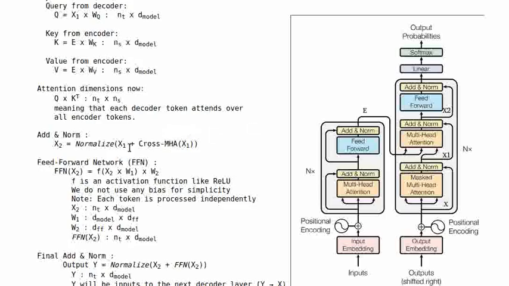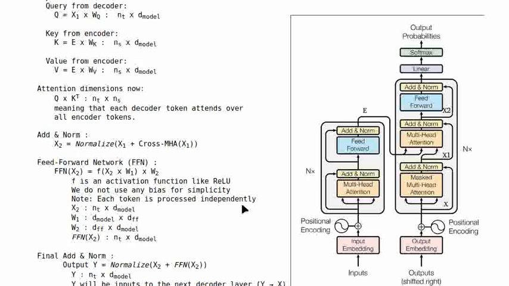X2 is then passed to the feed-forward network, FFN, where the computation is FFN(x2) equals f(x2 times W1) times W2, where f is an activation function such as ReLU. For simplicity, no bias terms are included. Each token is processed independently and identically, the operation of a position-wise feed-forward network.